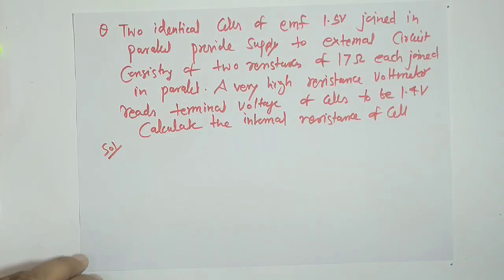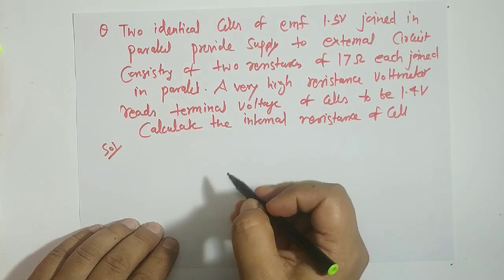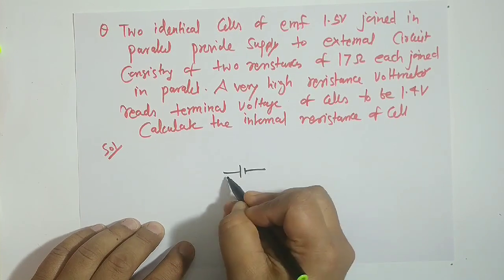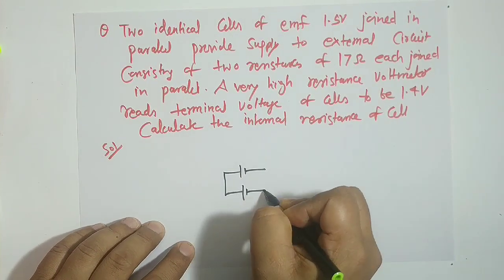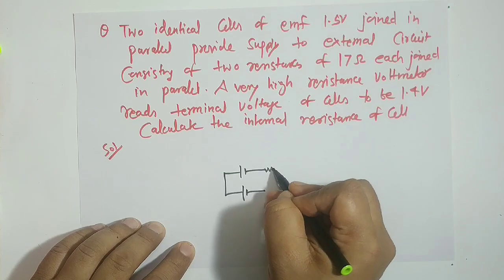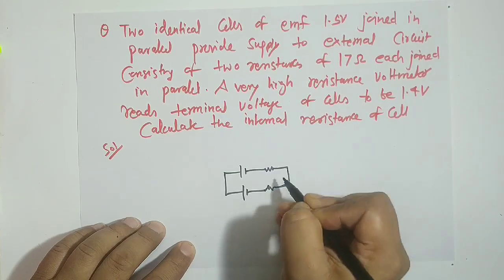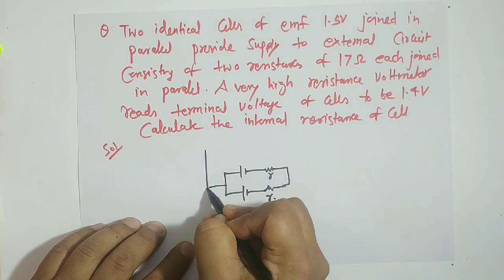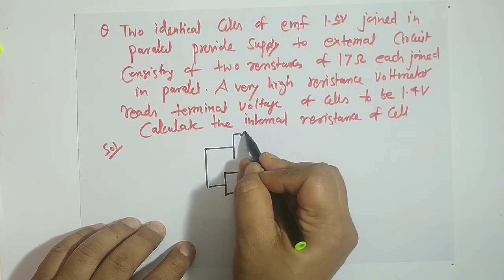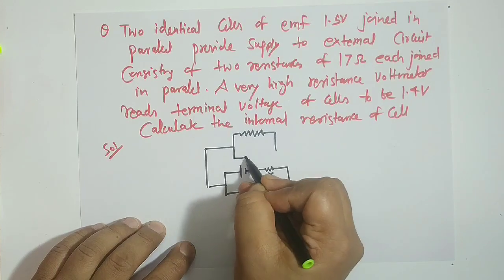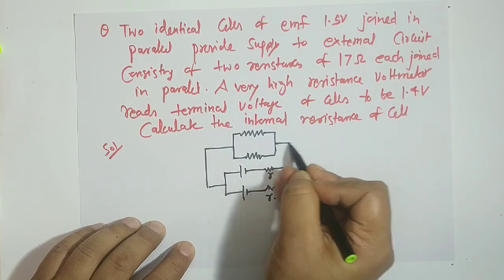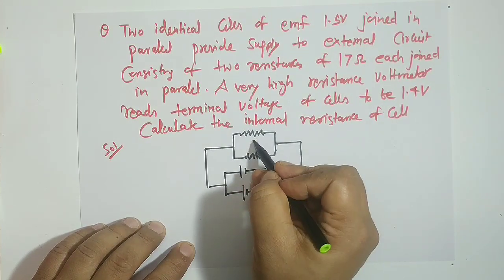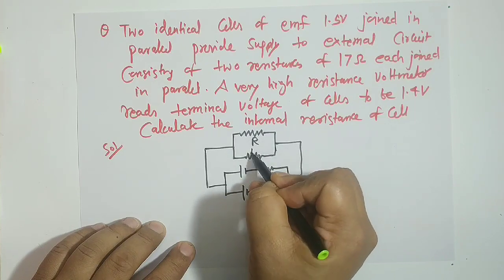Okay, so how we are going to find it out? Very simple. We will check how we calculate it. We have two identical cells, so I am going to draw it. Say there are two identical cells connected in parallel, and their internal resistance is say small r, they have identical internal resistance, and this is connected to an external circuit where we have two external resistances, each of 17 ohm.